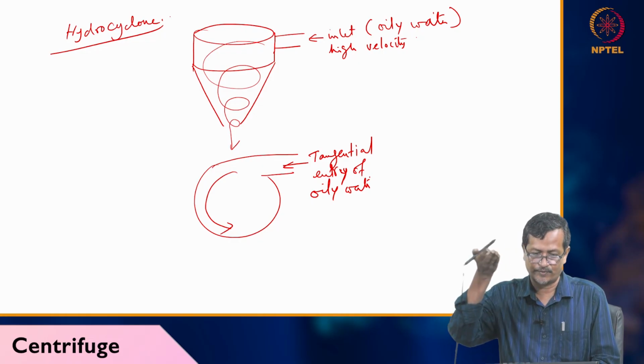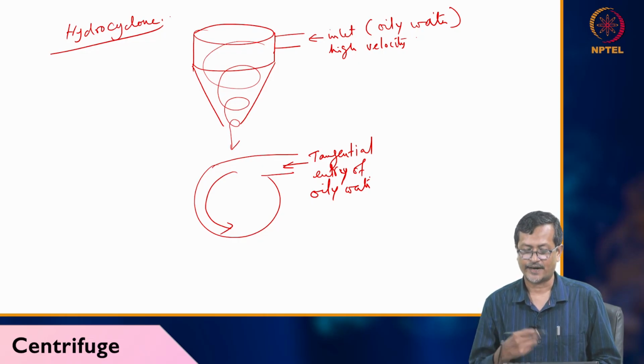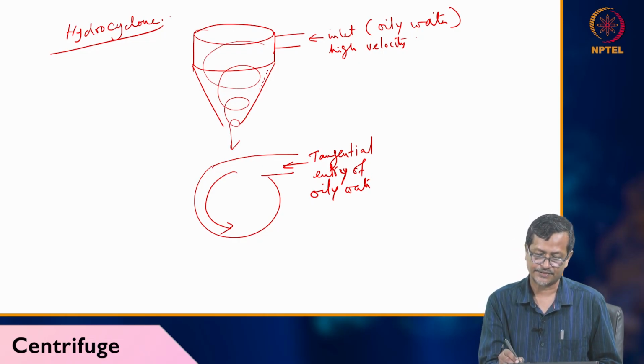Okay, so oily water will be tangentially entering and it will be rotating, and because of gravity slowly fluid will be falling down, or it will be going down. But when it is going down, the high density particle will try to touch this surface area, the inner wall.